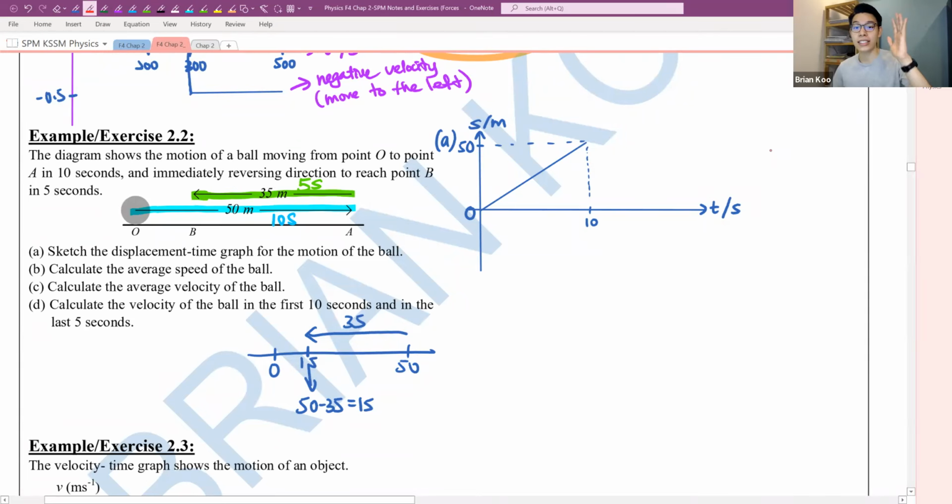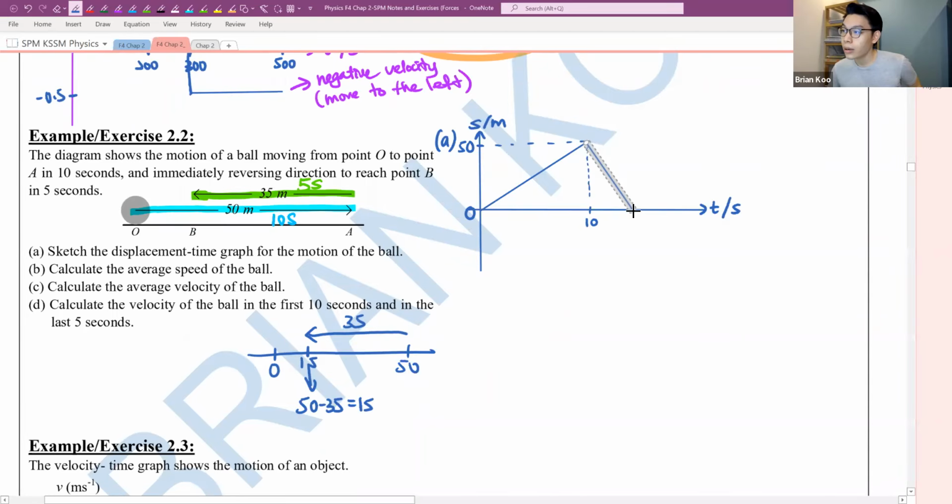Remember your y-axis is the displacement, it's your position. So from this point, now you're going to come down. If I say that you're going to touch the 0 line, it means you go back exactly to the origin.